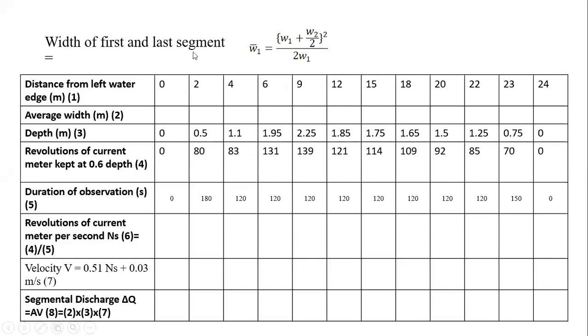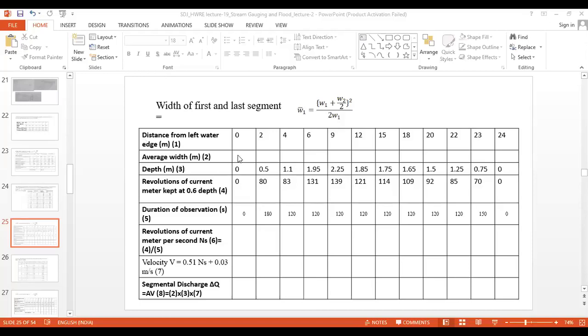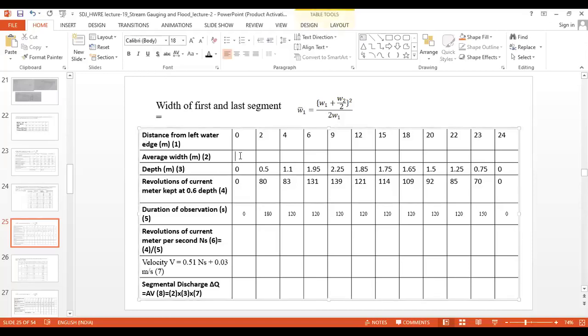Here is the table I have prepared. There is the distance from the left water edge, first row, which is given to us: 0, 2, 4, 6, 9, 12, 15, 18, 20, 22, 23 and 24. Just a minute, here it is. Then the average width I kept blank, that we want to calculate.